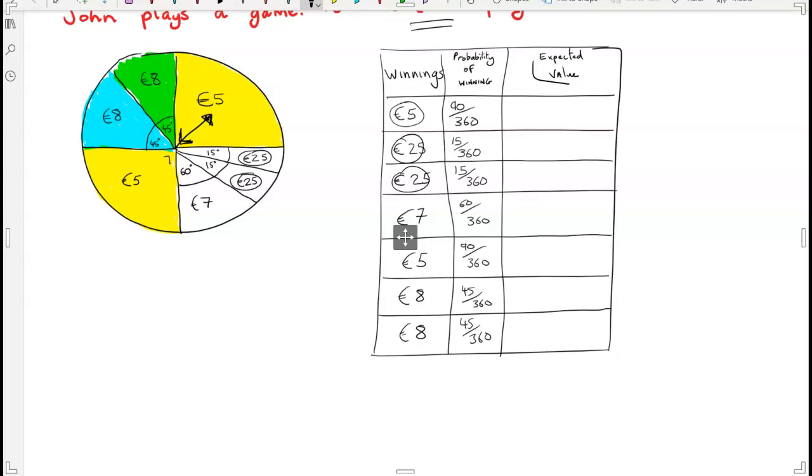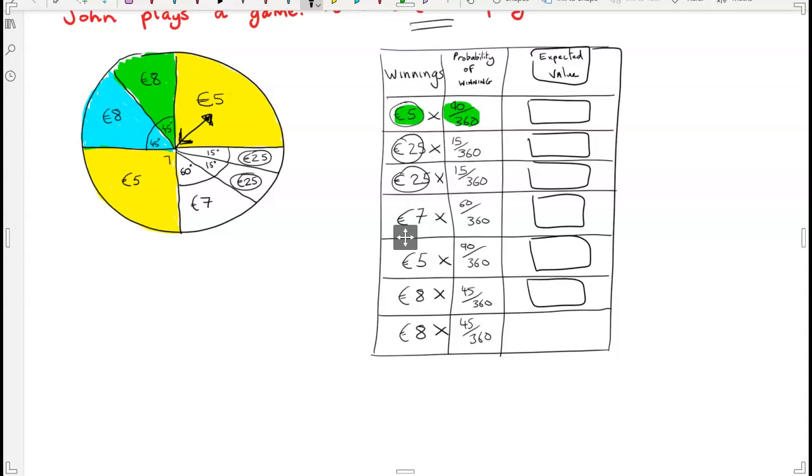And then to figure out the expected value, you multiply the winning by the probability of winning that amount. So you would multiply 5 by 90 over 360, and you would get an amount, and so on. All of these come to various financial amounts.